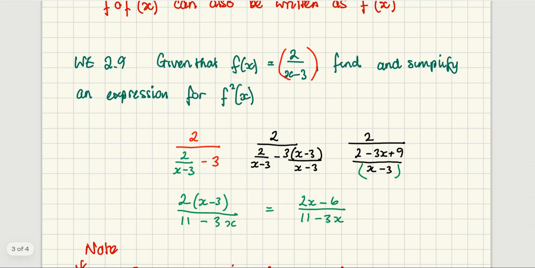Yeah, I was wrong. I just forgot to multiply the 3 by x minus 3 as well to get rid of them.